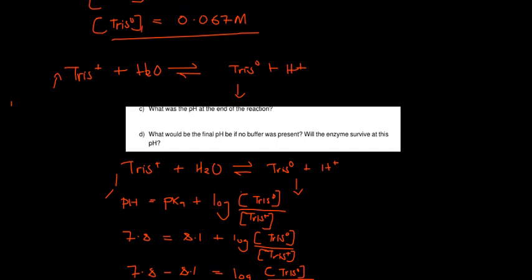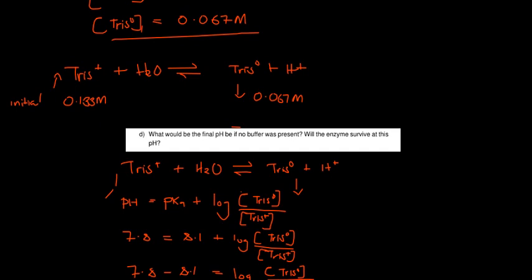So the initial concentration of the conjugate acid was 0.133 molar. Then that of the base was 0.067 molar. So if we add the proton to this base, we are going to decrease it by the concentration of the proton, which is 0.030 molar.